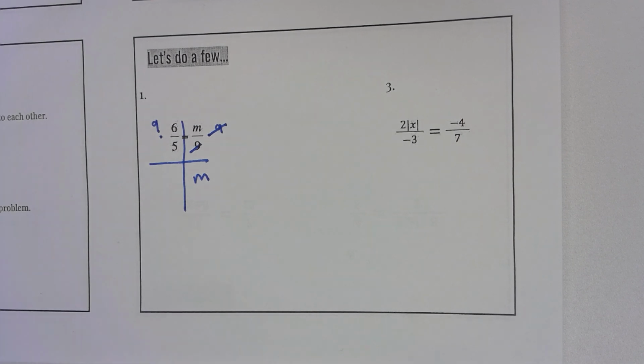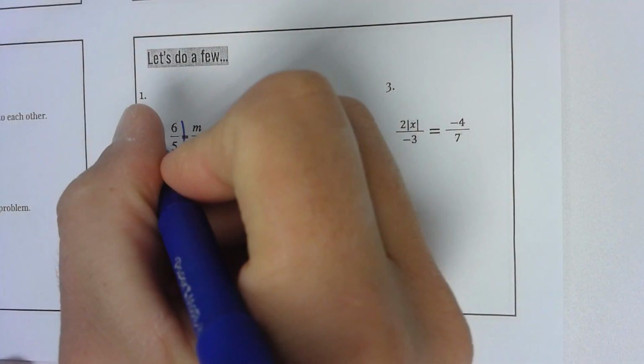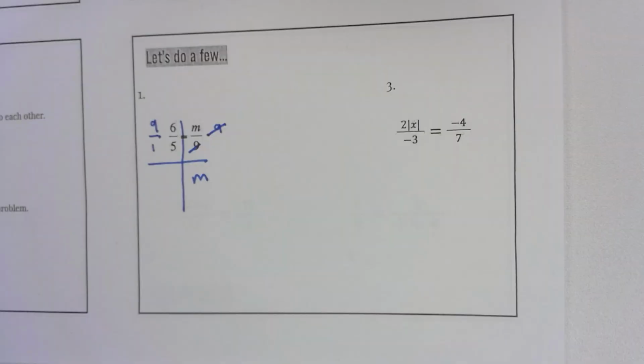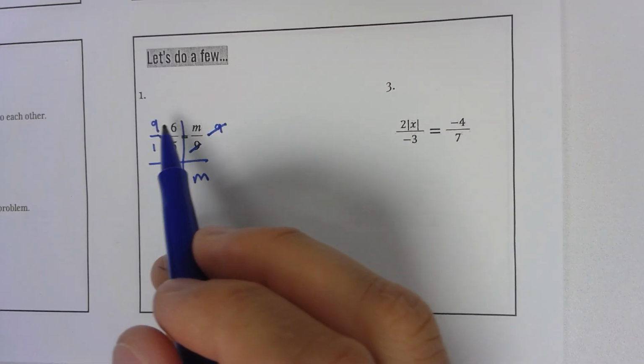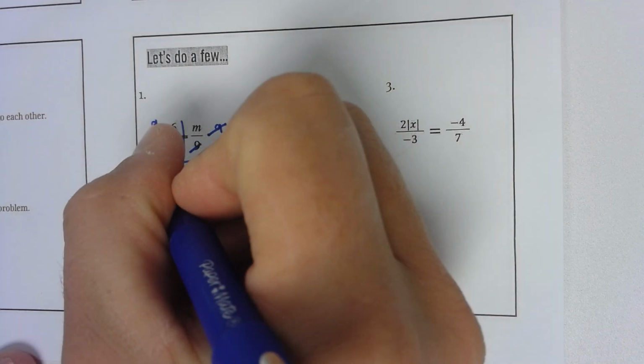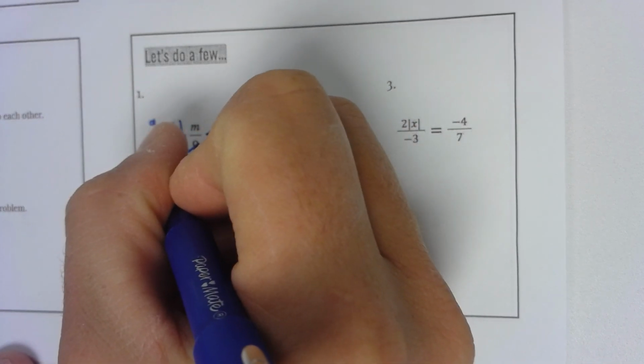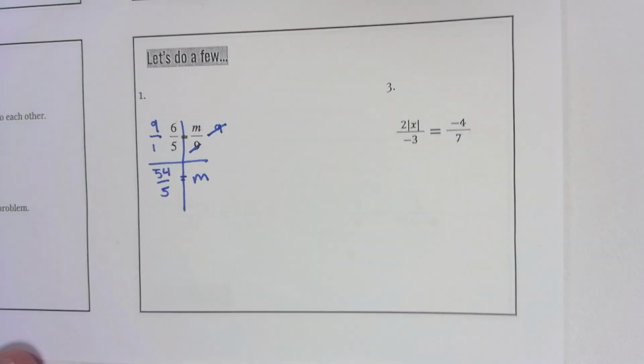Anytime you multiply fractions, you multiply the 2 tops of the fractions together, so the numerators, and then the denominators together. So I can make 9 a fraction by making it over 1. And so this is 9 times 6 in my numerator, which is 54, and then divided by 5.